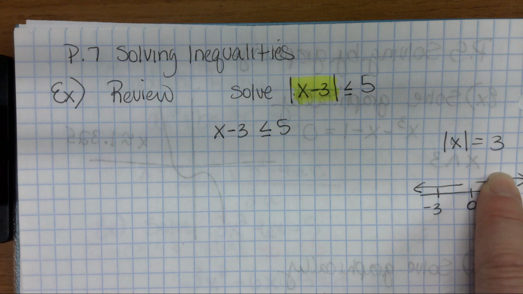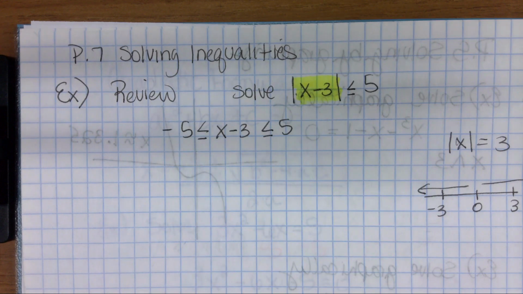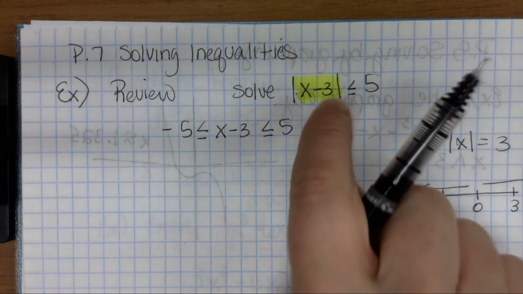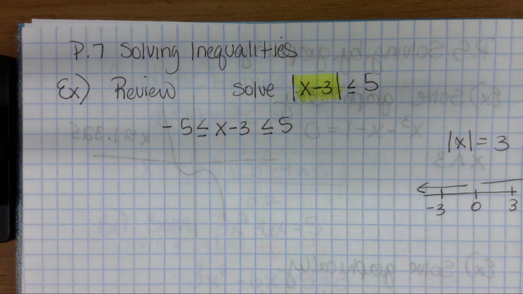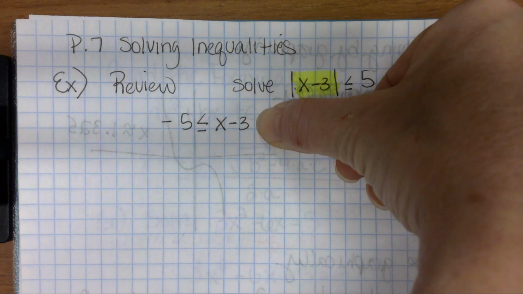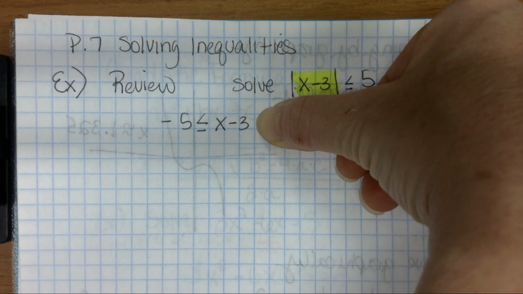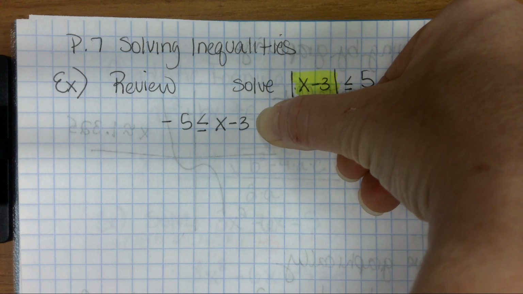But then it has to be greater than or equal to negative 5. So when you see an inequality pointed that way, you write it as a compound inequality. And really we write it this way because you're solving two inequalities. You're solving this one, like if I were to cover it up. Some teachers say write them both out. I don't need you to write them both out, but you're solving this one and you're solving this one.